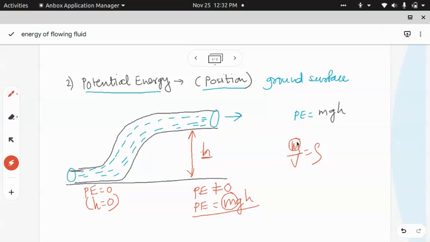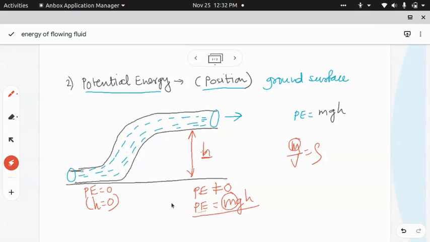If we consider a mass, then this liquid flow has a number of particles, right? So in order to get the concept, the generalized concept is taken as mass per unit volume. You do not need to calculate a mass, you just have to know the density rho. If you know that density, you can account for your potential energy.